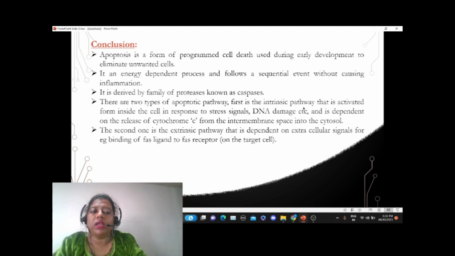The first one is the intrinsic pathway, which is activated when the cell is damaged from inside, that is, any kind of DNA damage or any kind of stress, lack of nutrients, and is dependent on the release of cytochrome C from the intermembrane space of the mitochondria into the cytosol. The second pathway is the extrinsic pathway, which is dependent upon extracellular signals, for example, binding of ligand to the Fas receptor on the target cell.